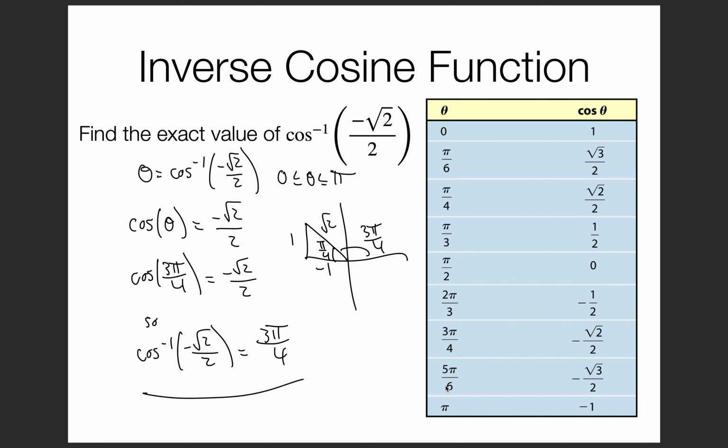So I draw my triangle over there, and I have to think, what special triangle am I going to use? The 30, 60, 90 triangle has sides 1, square root of 3, and 2, and it doesn't look like I could get the square root of 2 over 2 from that. But in fact, it does look like I can get square root of 2 over 2 from the 45, 45, 90 triangle.